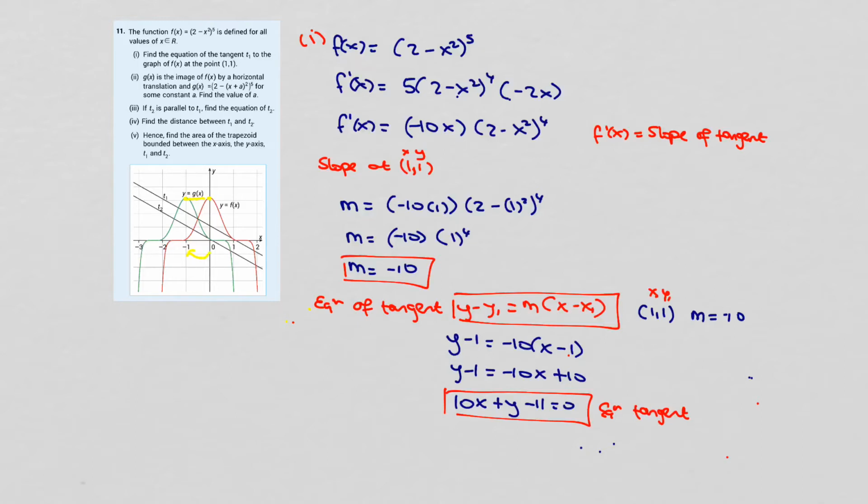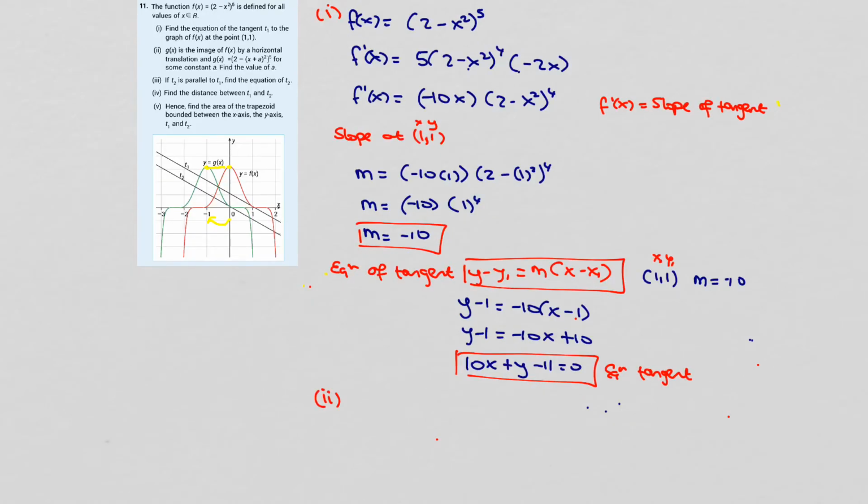So because it's shifted 1 unit to the left, that means that our translation is x plus a, where a is going to be 1. So in other words, g of x is equal to 2 minus (x plus 1) to the power of 5. In other words, a equals 1.